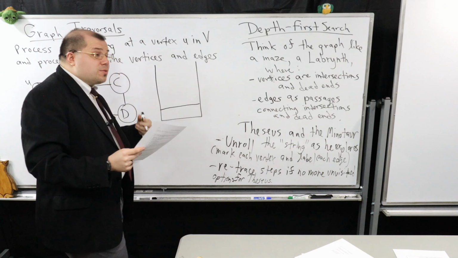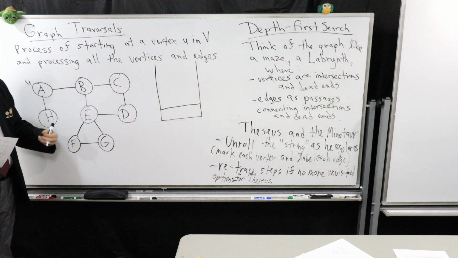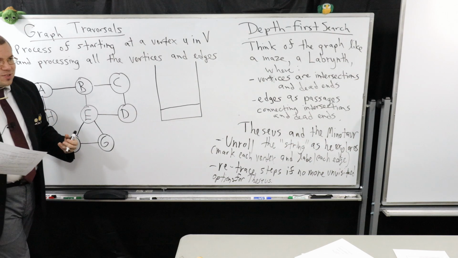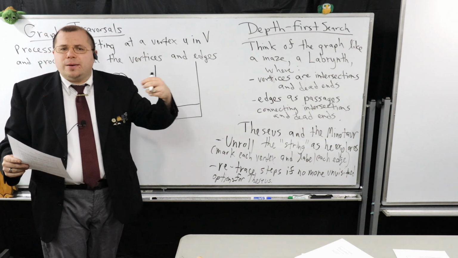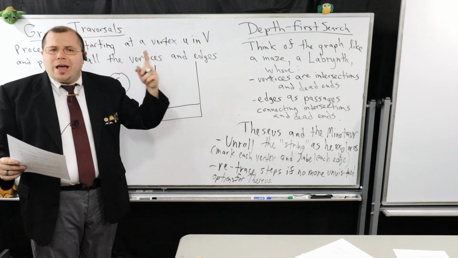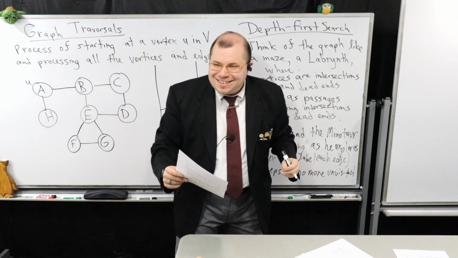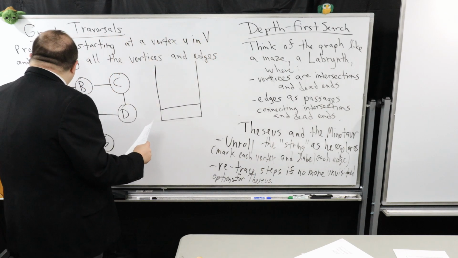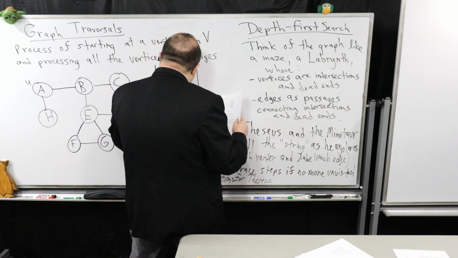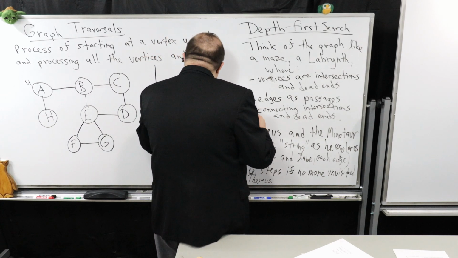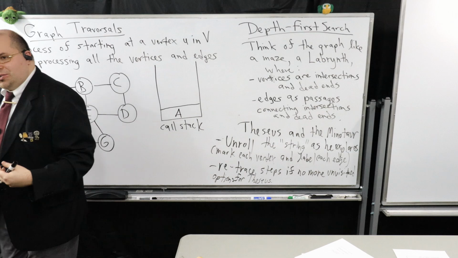And as I go through the labyrinth, I mark and label respectively, so that when I make the next step forward, I know where I've been and where I have not been. So here we go. Imagine I start off at A. You're going to imagine this like a call stack, which is how it's going to look when we actually see the algorithm.